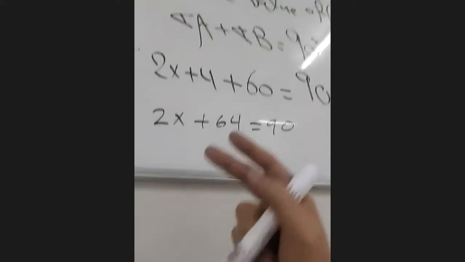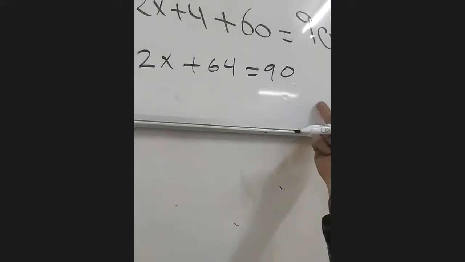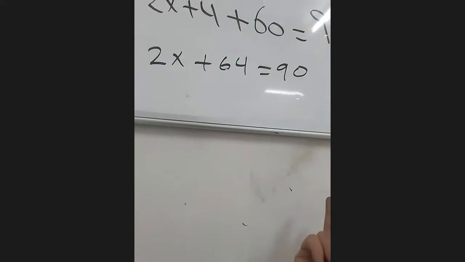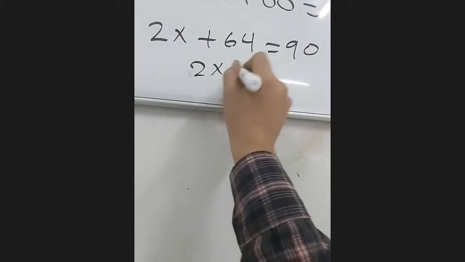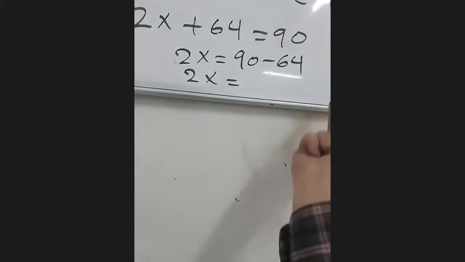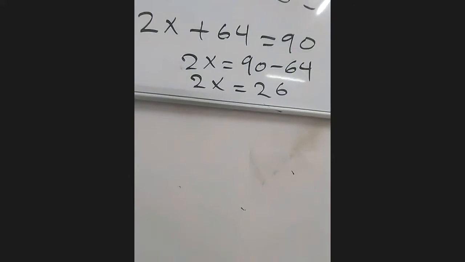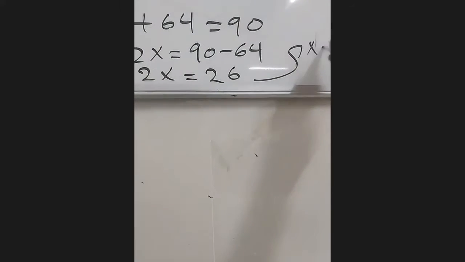So please, guys, the steps: put this here, make it minus, then divide by 2. 2x equals 90 minus 64. 2x equals how much, 90 minus 64? 26. Divide by 2 on both sides, x will be 13. Done.